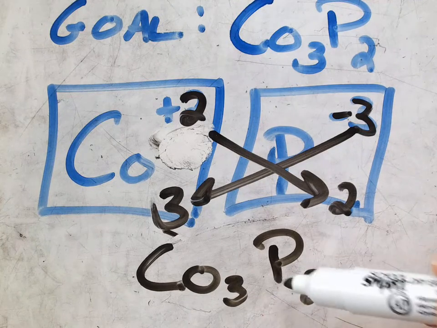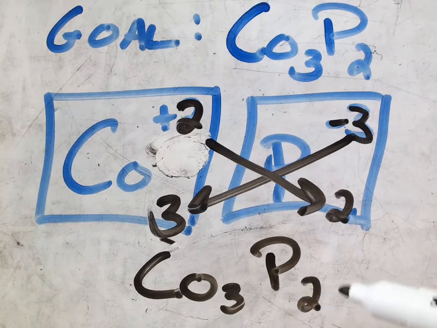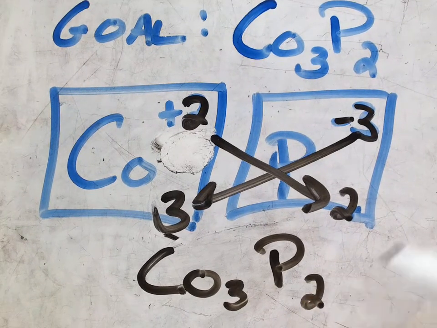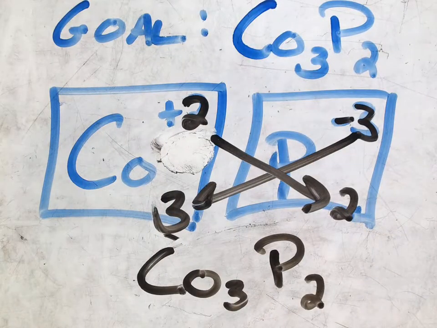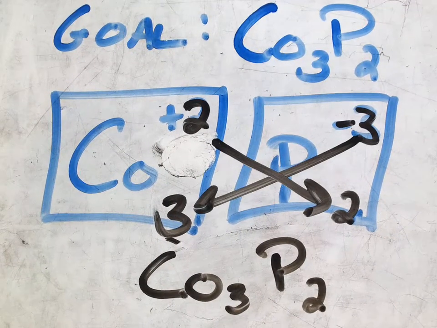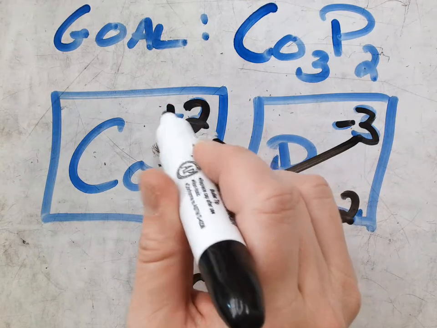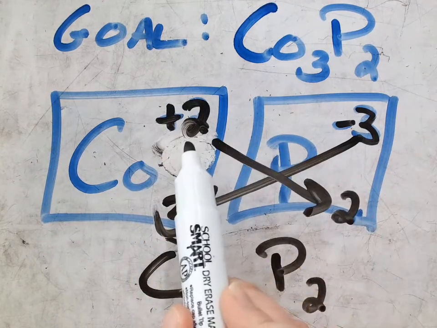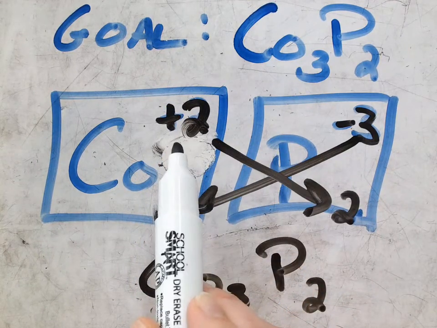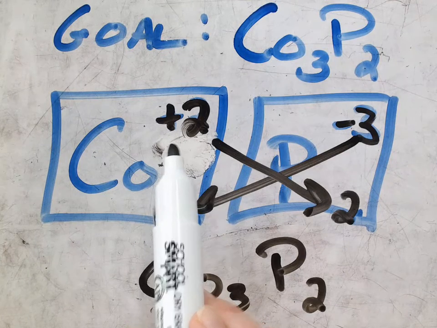And that's why it works. What was I trying to figure out here? Out of this whole investigation I did, all I really wanted to know was, what was the charge on the metal? +2.